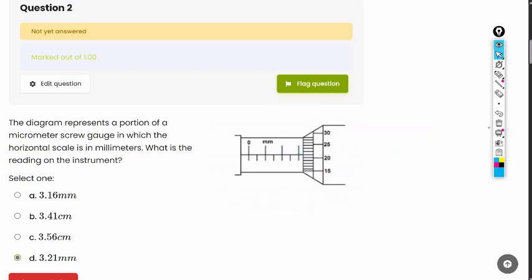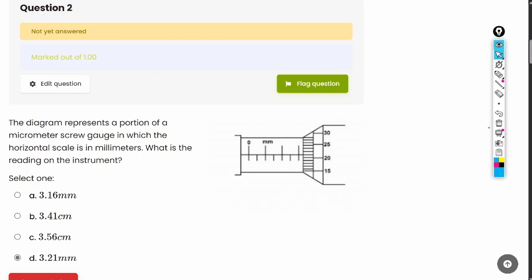How you read the circular scale is that you read where the center line on the main scale meets up with the circular scale. Now this circular scale runs up to only 50, from 0 to 50, because you have 0.5 readings from the main scale also.